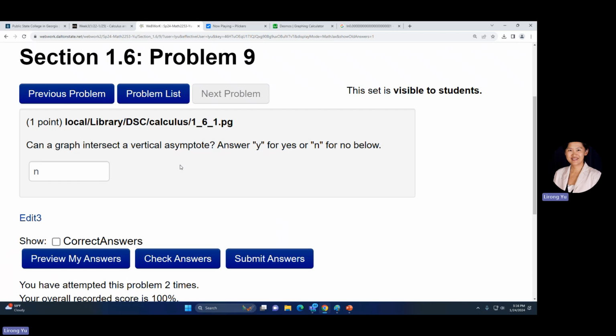Yes, this is from section 1.4. What is it asking? To find the limit using the formula. So if x is approaching 1 from the negative side, you would use the second formula.